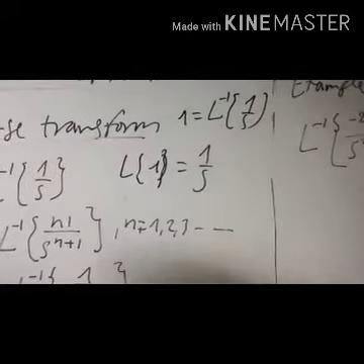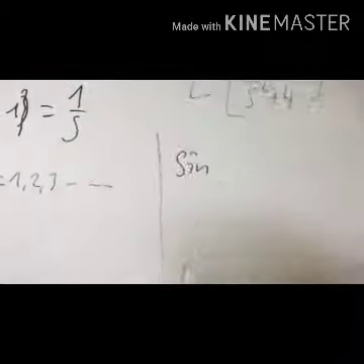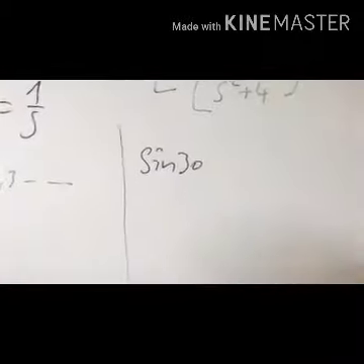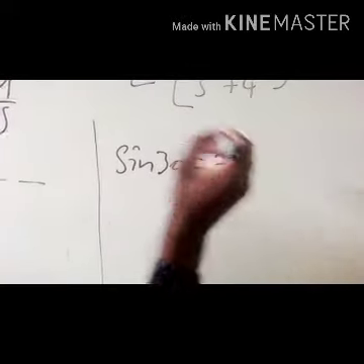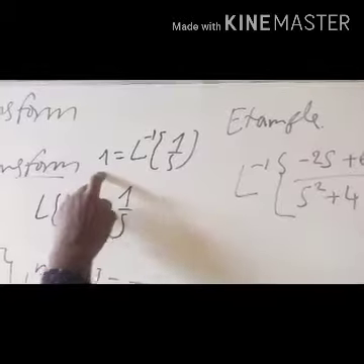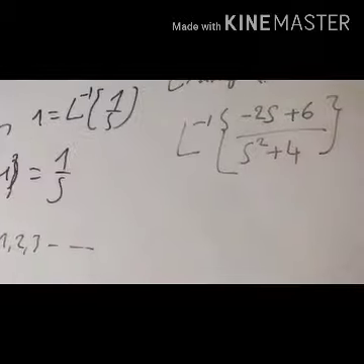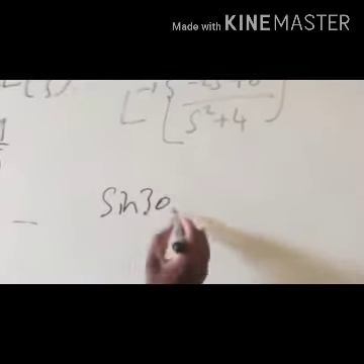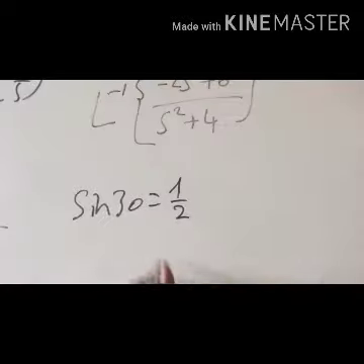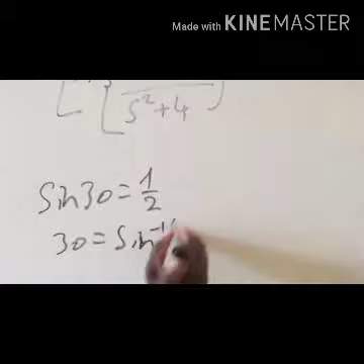For example, for sine, we know that sine of 30 is equal to 1 over 2, which means that 30 is equal to the sine inverse of 1 over 2.